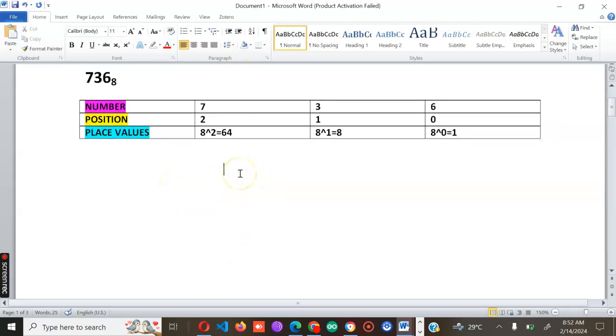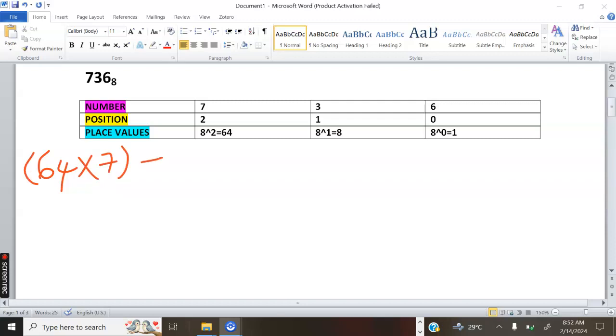So for this one, we have 64 multiplied by 7, add 8 multiplied by 3, add 1 multiplied by 6.